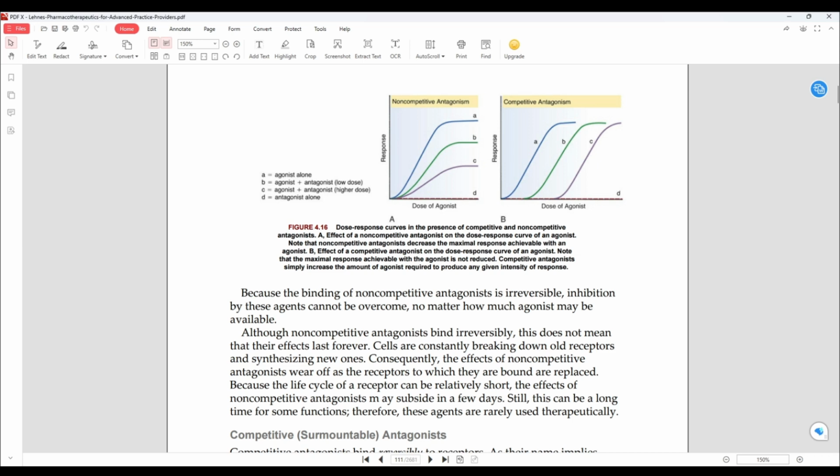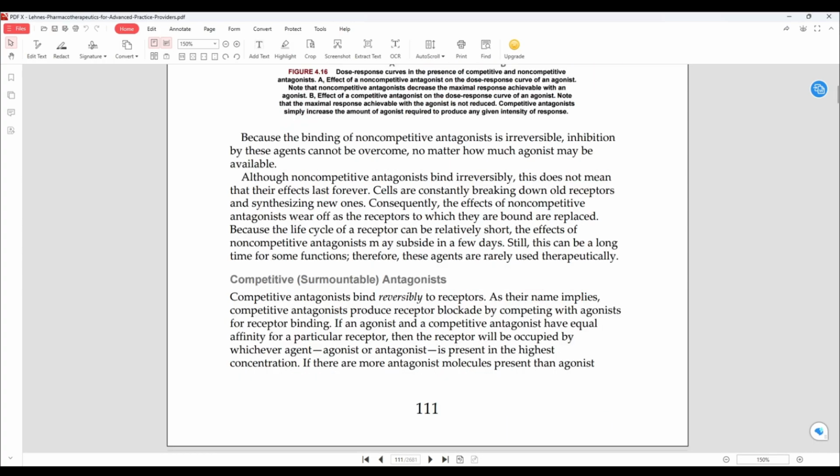Consequently, the effects of a non-competitive antagonist eventually wear off, as the receptors to which they are bound are replaced. Because the life cycle of a receptor can be relatively short, the effects of non-competitive antagonists may subside in a few days. Still, this can be a long time for some functions. Therefore, these agents are rarely used therapeutically.